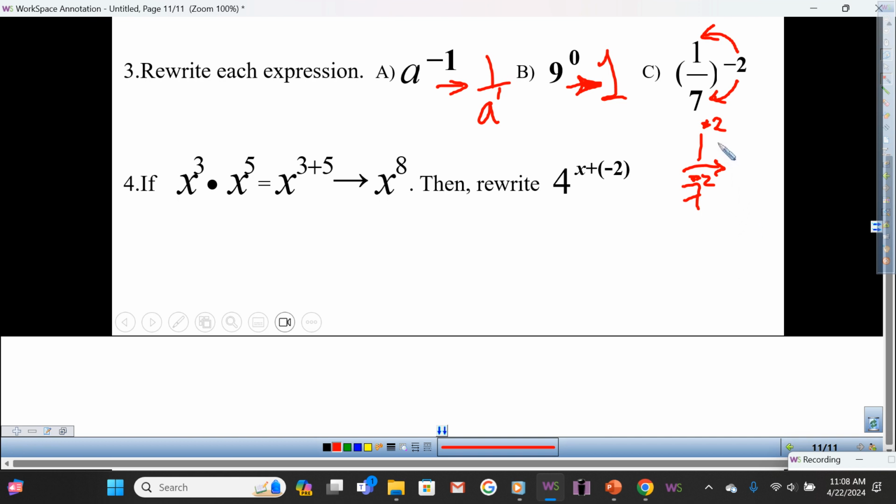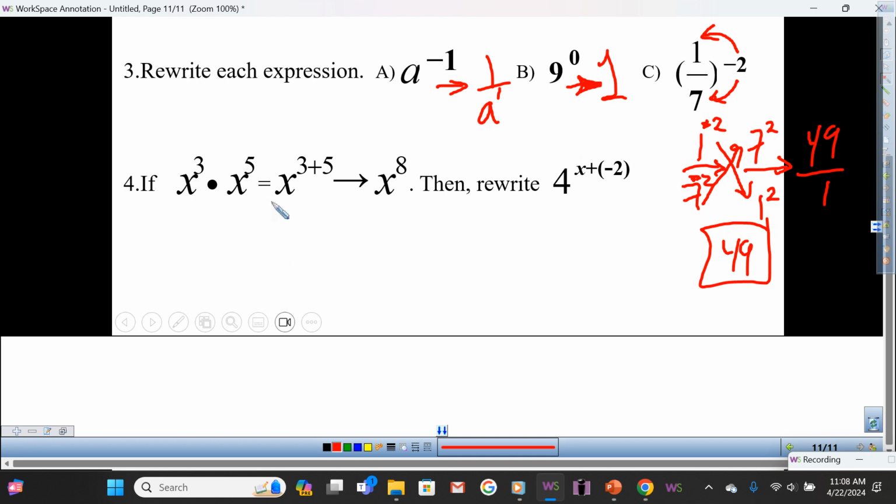Yeah, he said send 1 to the denominator, 1 with a positive 2, and the other one to the numerator, 7 to the positive 2. So therefore, what is 7 to the positive 2? 49. 1 to the second, 1. So this is 49.